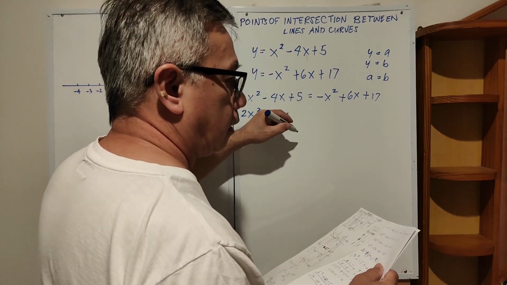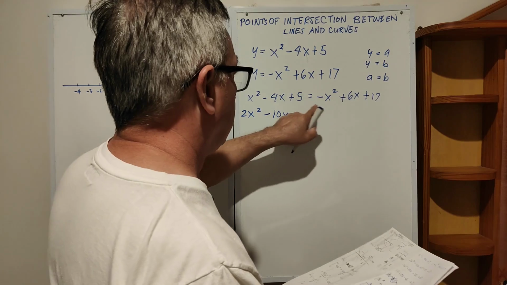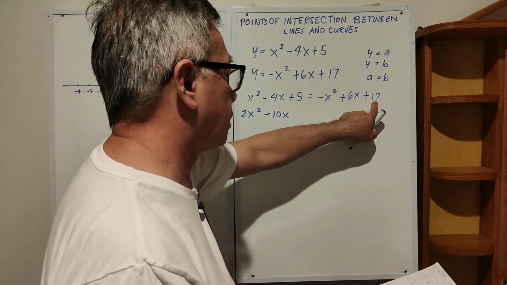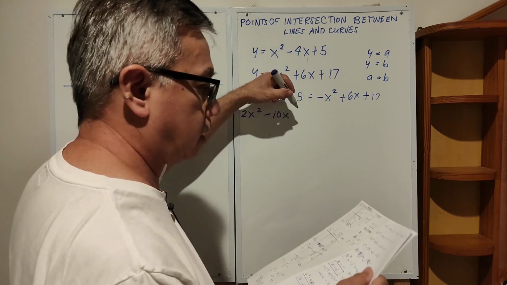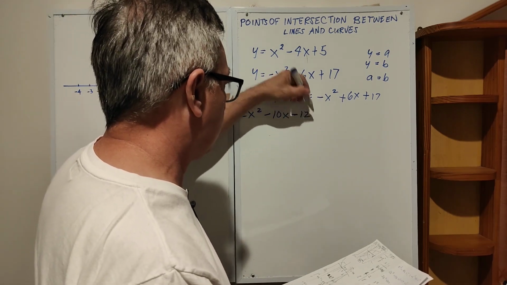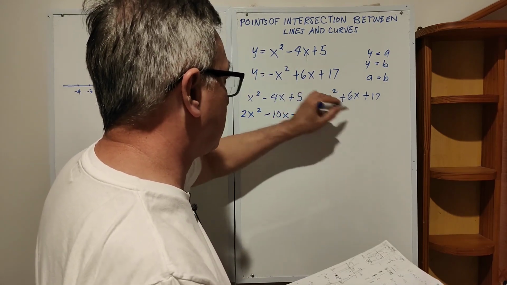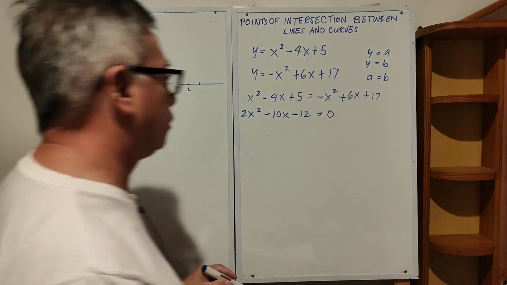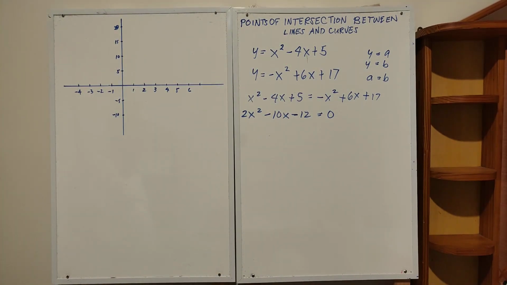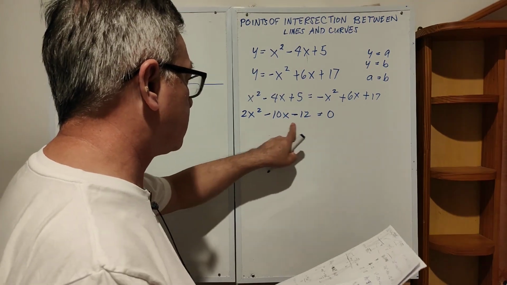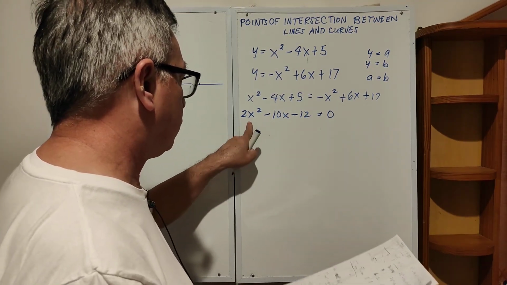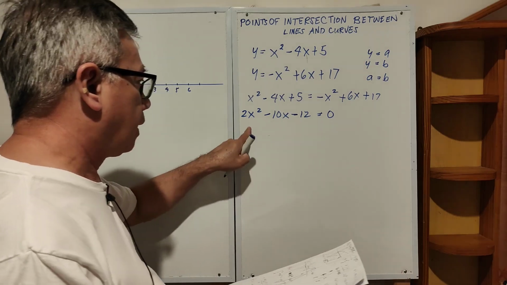Positive 17 becomes negative 17, plus 5 is negative 12. The right side is now empty, so it will be equal to 0. Now we can solve for x. There will be two values of x because it's x squared.